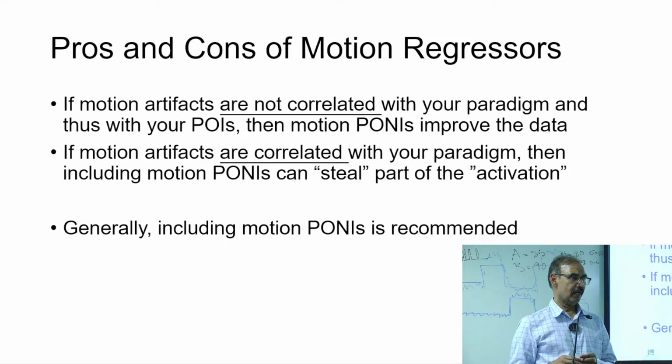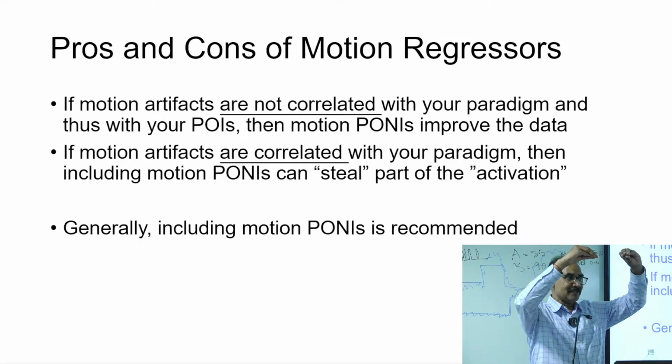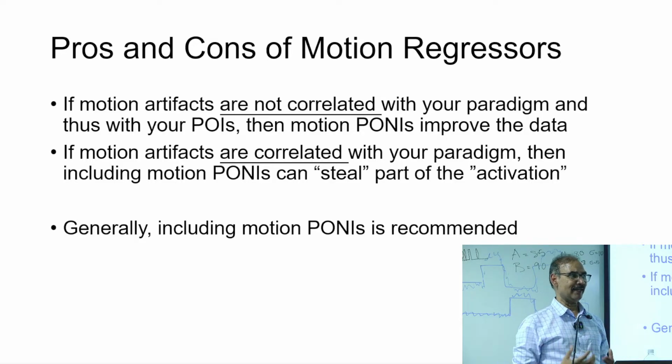So if you had asked your participant to lie in the scanner and told them, okay, when I say tap, you do like this, then very likely when they move like this, it will induce some head motion, right? And to remove that from your task-induced response is not going to be that easy. Okay.